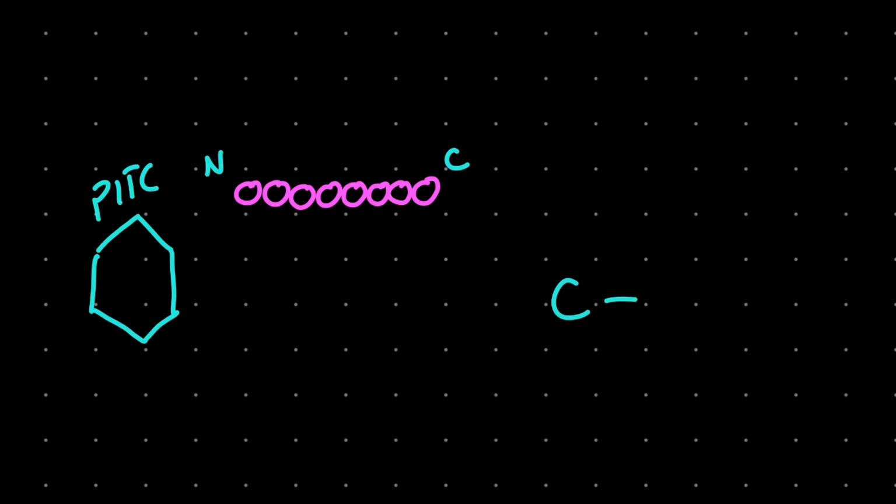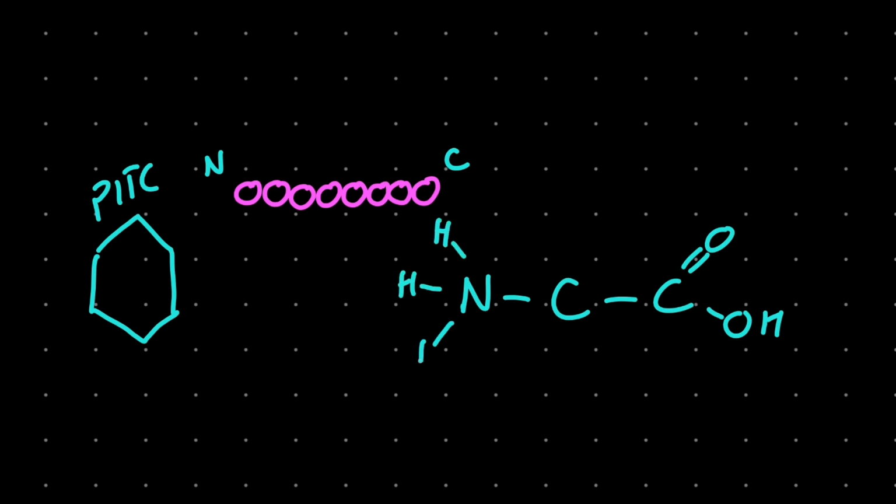You have your central alpha carbon, then a carboxylic acid on one end and your NH3 plus group, or NH2, on the other end. There'll be an N and a carboxylic acid, a carbon with a double bonded O and an O, which may or may not be protonated, depending on the pH of the solution.